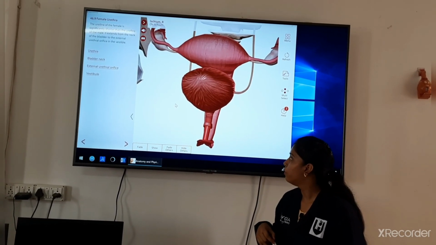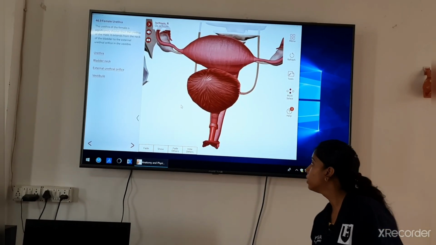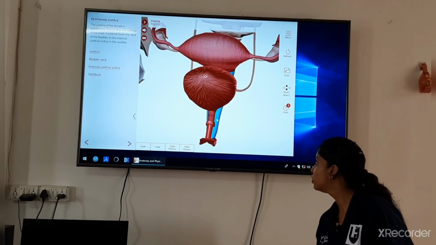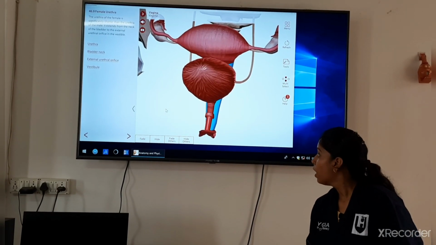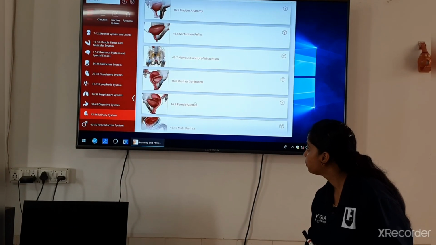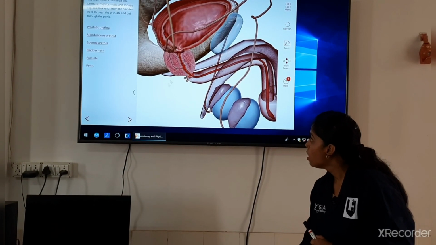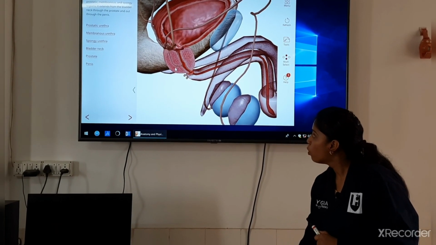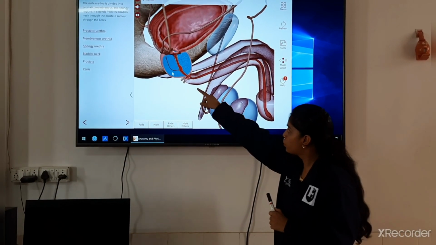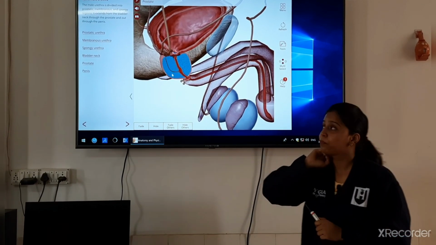So in females it is present just posterior to the pubic symphysis, and posterior to it you will find the vagina, okay. And in the case of males, let me show you first. In males, it courses out of the prostate gland and opens at the tip of the penis, okay.